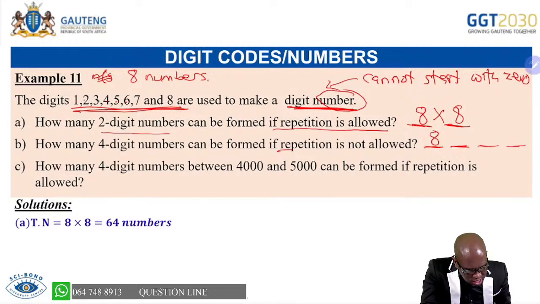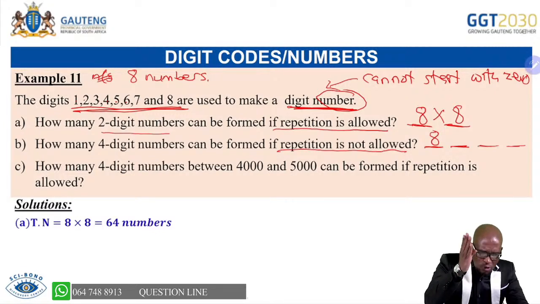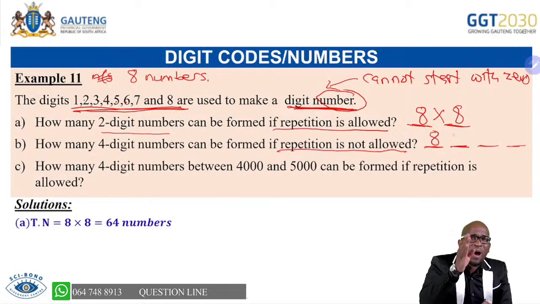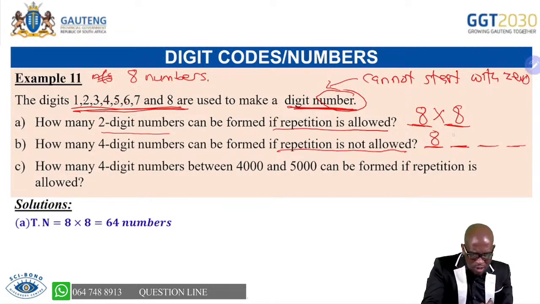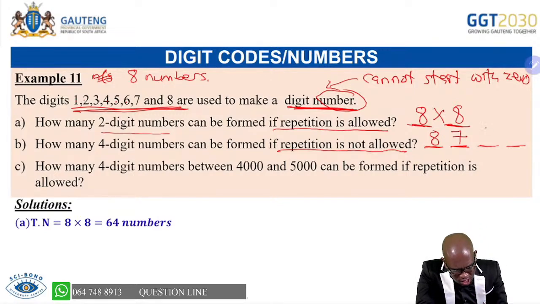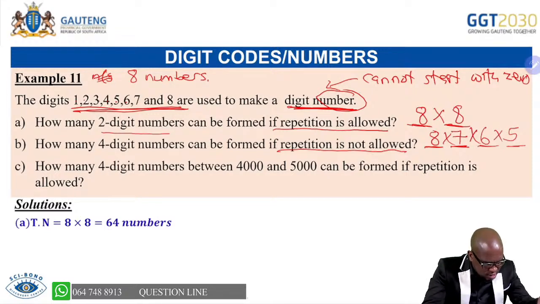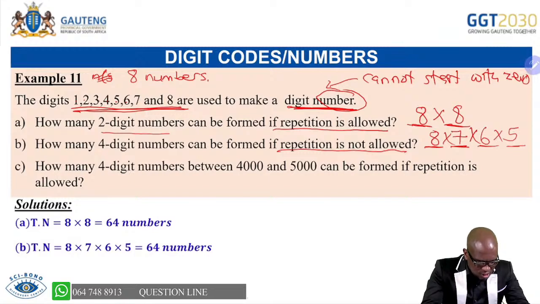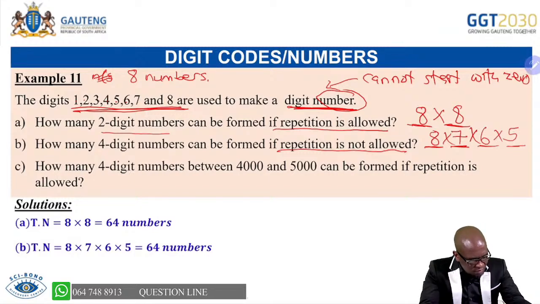Since repetition is not allowed, we've used 1 number in the first position, which means that now we have 1 less number from the total, which was 8. So we have 7 options here. For the third position, 6 options. Fourth position, 5 options. Then we multiply them together. Of course, 8 times 7 times 6 times 5 gives us the total number of numbers.